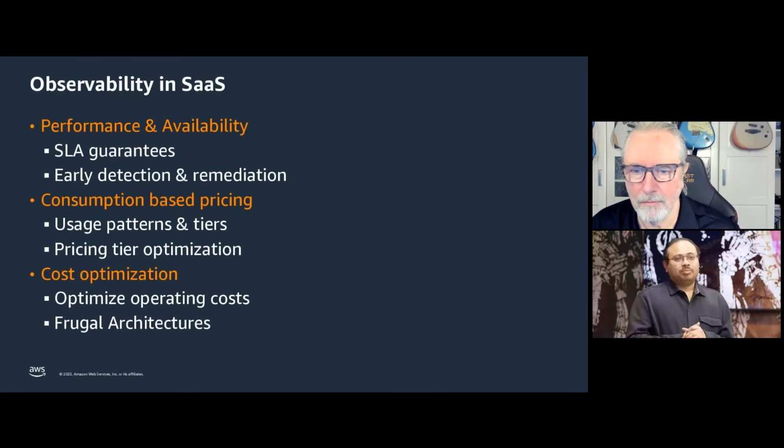As I was just talking about in the serverless example, it's important also to detect any issues early on and remediate them so that there is a minimal impact on your customers.